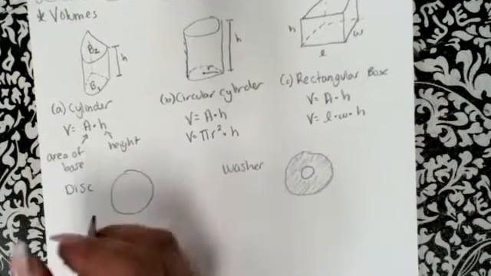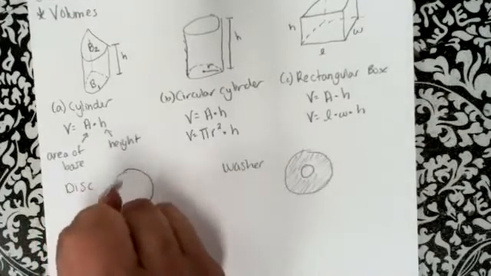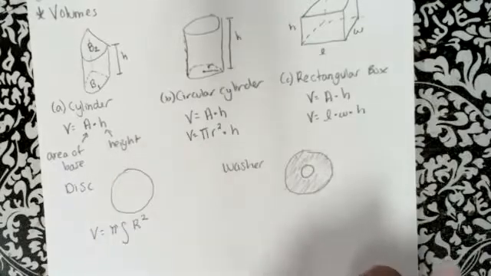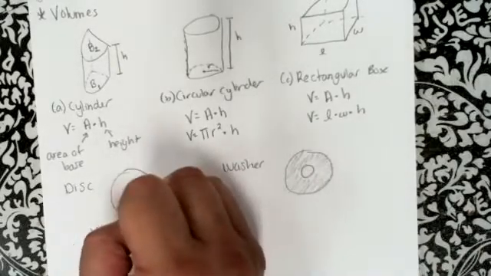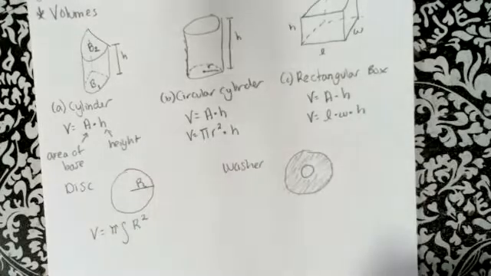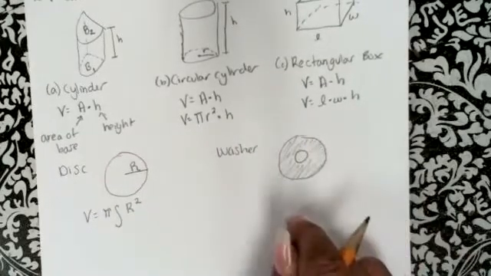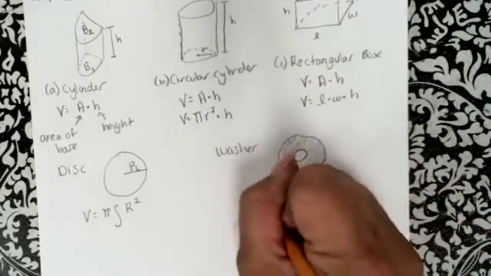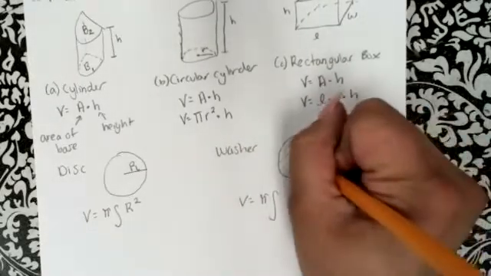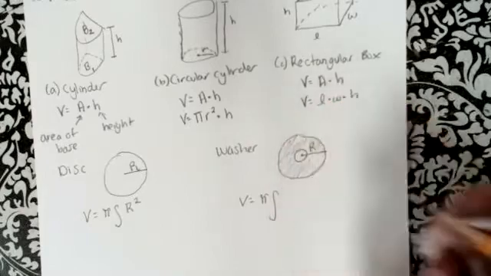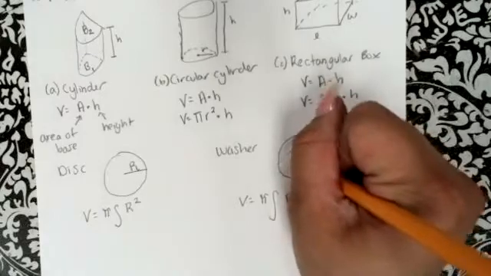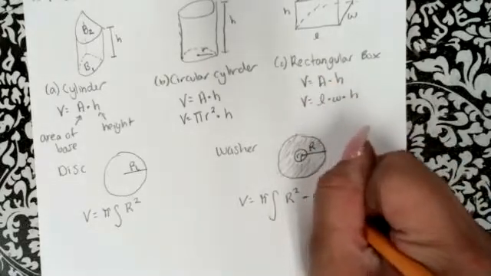Now the volume here is going to be pi times the radius squared, that's my radius. The volume here is going to be pi, and it's going to be the big radius squared, subtract the small radius squared.